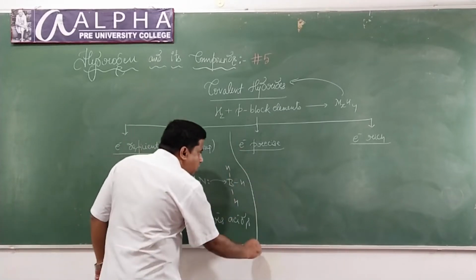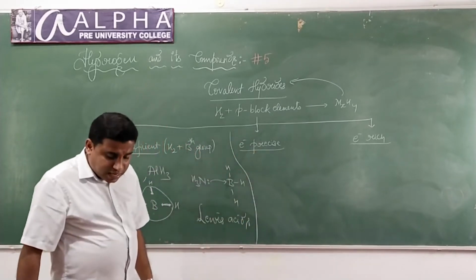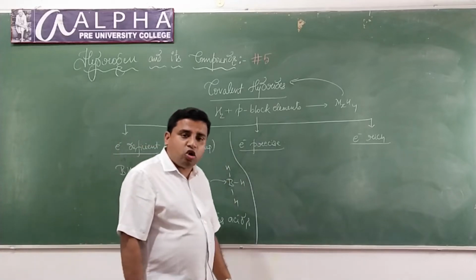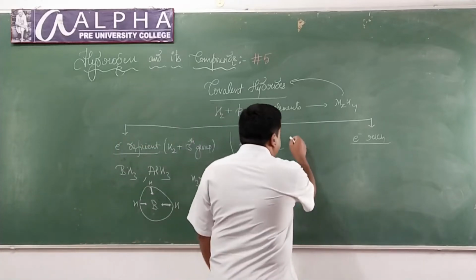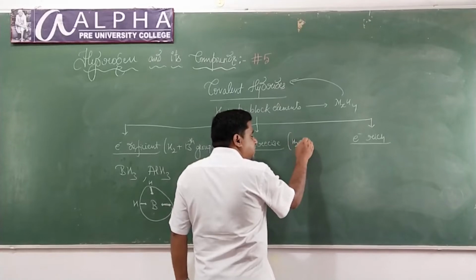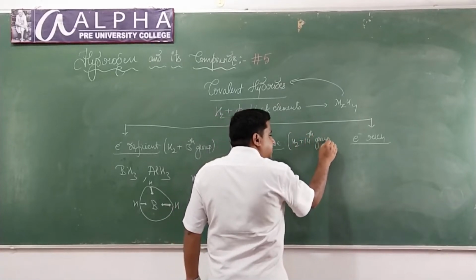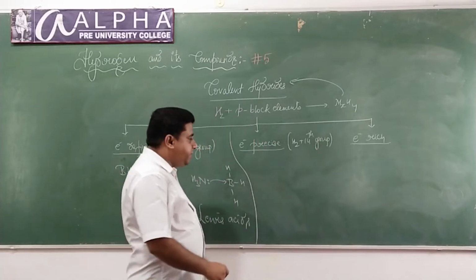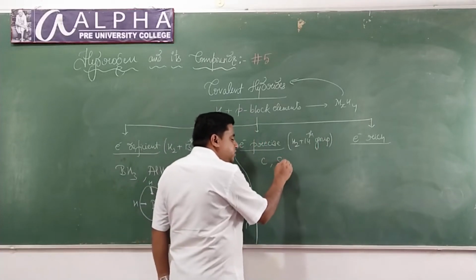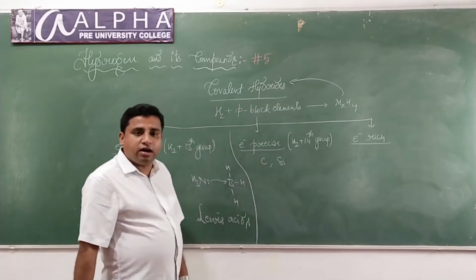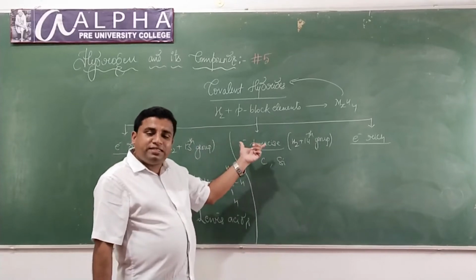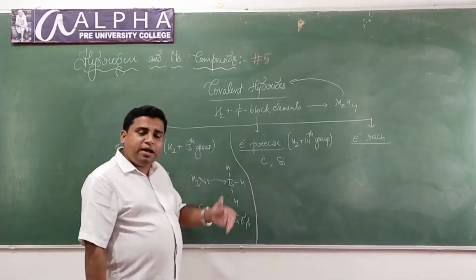Now, electron precise hydrides. When do you get them? If hydrogen reacts with 14th group elements like carbon, silicon, etc., it will form electron precise hydrides. What do we mean by electron precise?